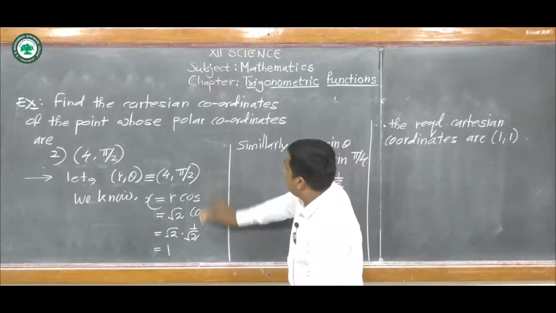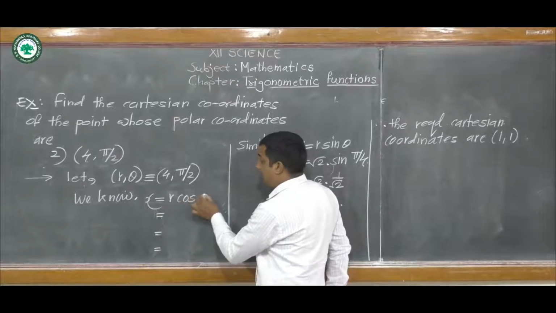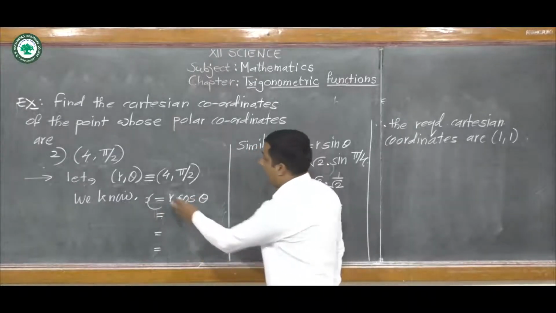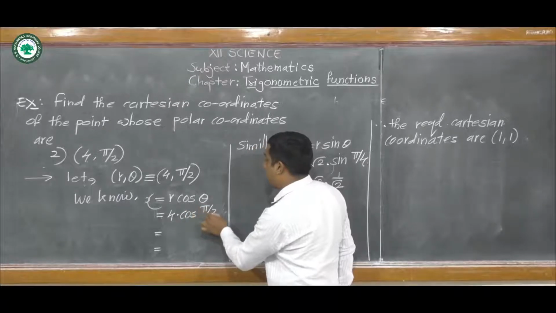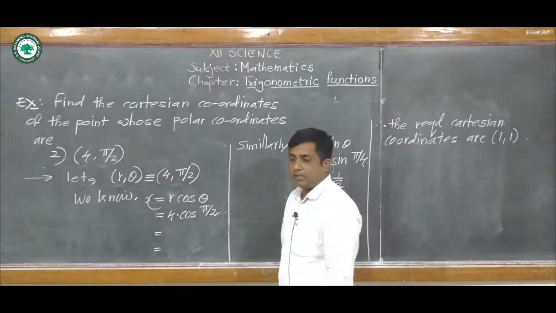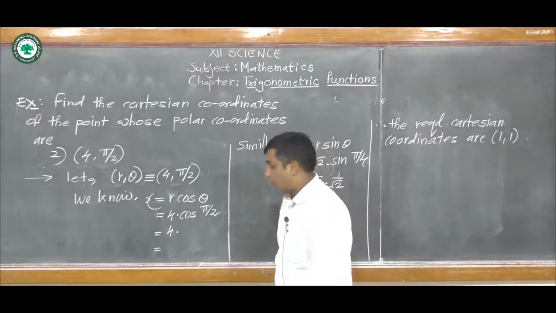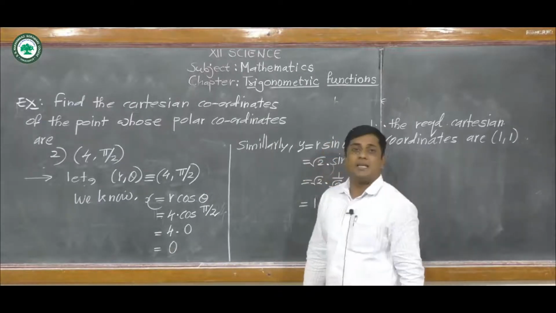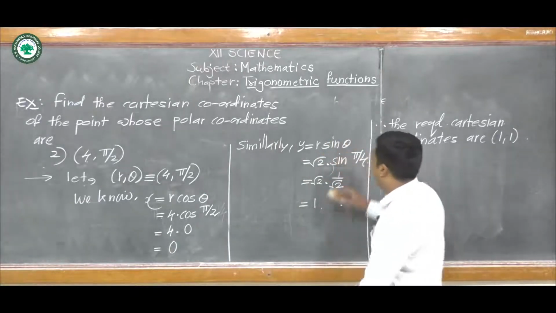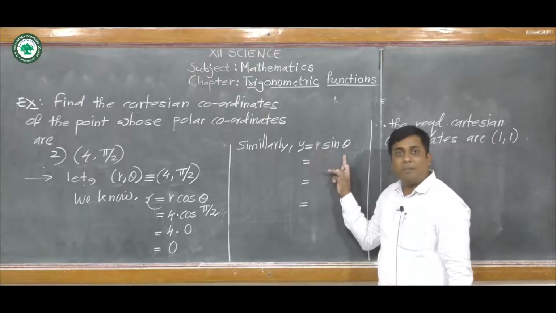Okay. So, here we know x is r cos theta. Here r is 4. So, 4 into cos pi by 2 is equal to here 4 into, we know cos pi by 2 is 0, and 4 into 0 is 0. Similarly, we find y by using r sine theta.